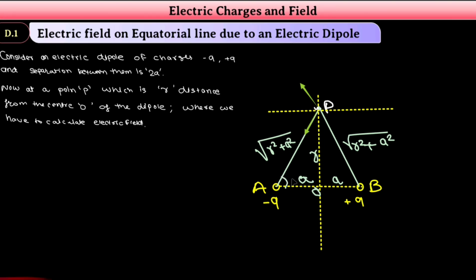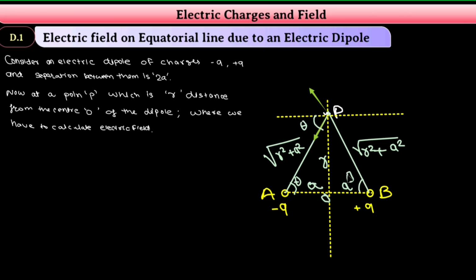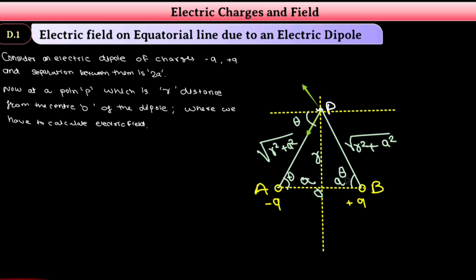So if this angle is theta, then this will also be theta, and this will also be theta. This is because of the isosceles triangle, and this is equal because these are two parallel lines.